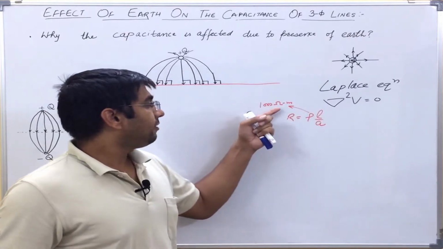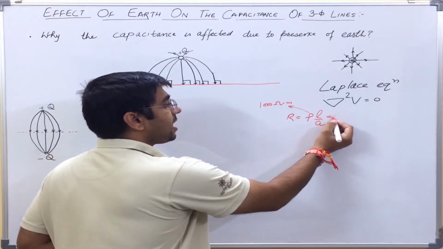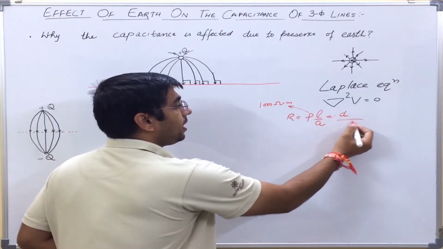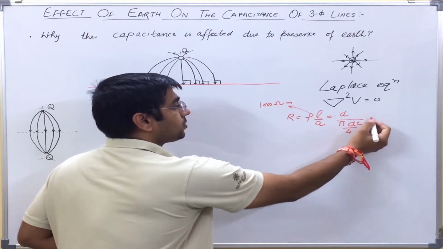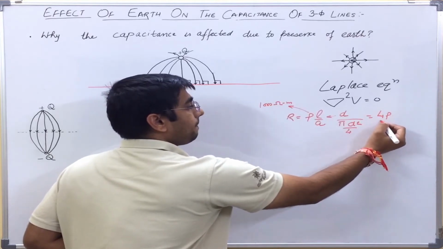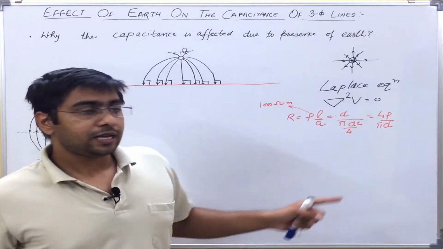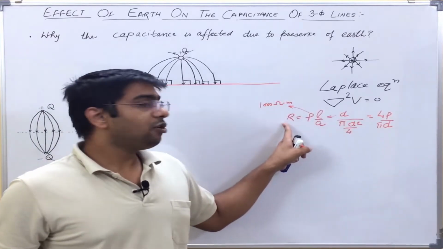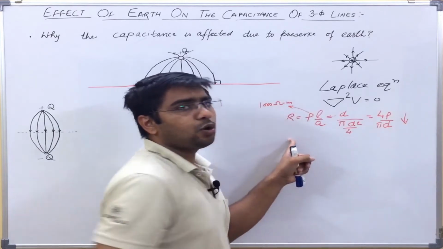So even taking a very high value, and taking the diameter of earth as d, with area pi d square by 4, what I will get is 4 rho by pi d. Then the value of R which we will get will be very, very low.